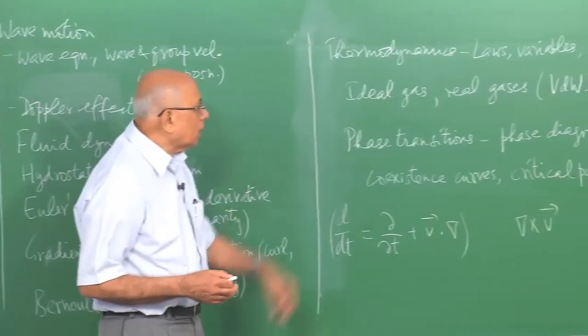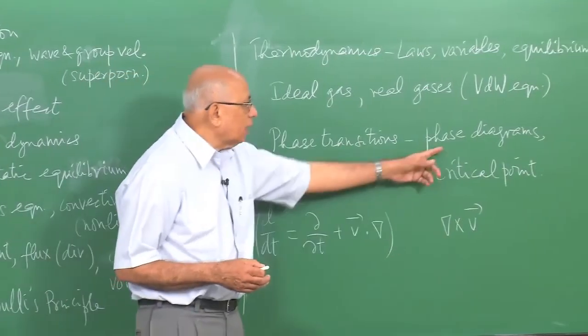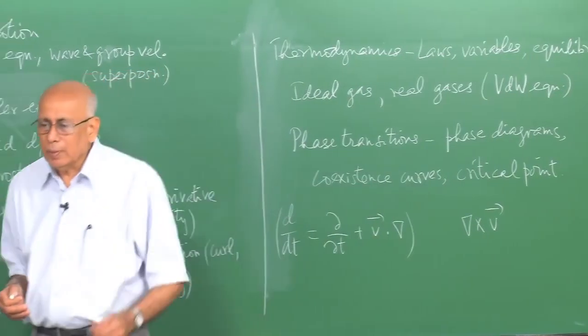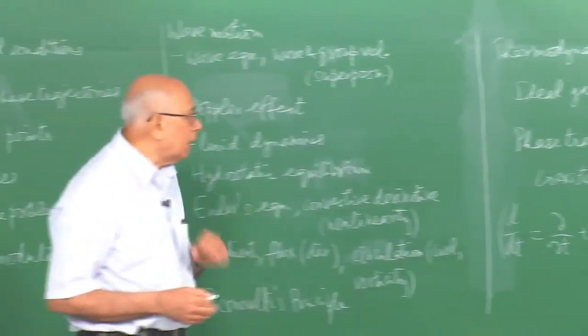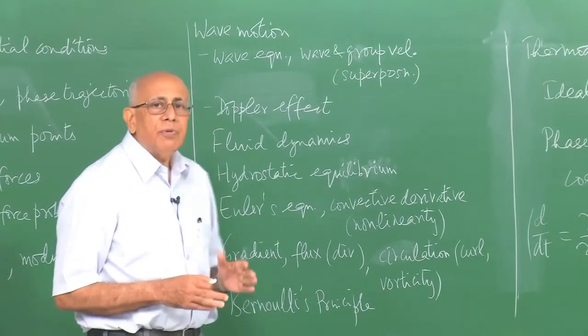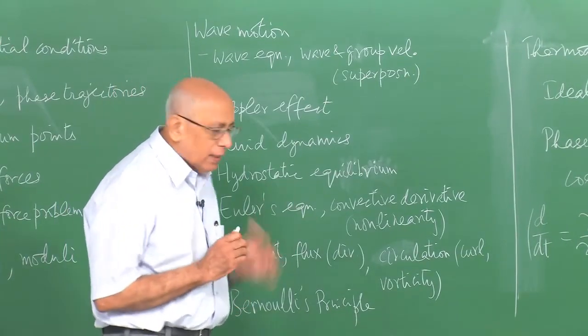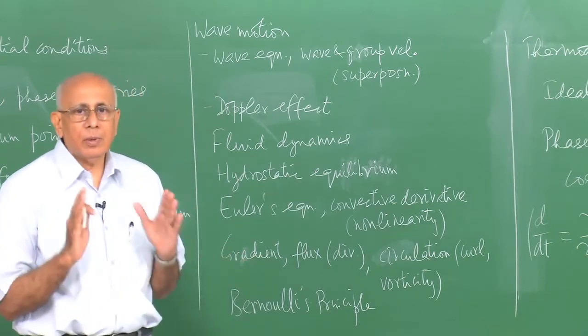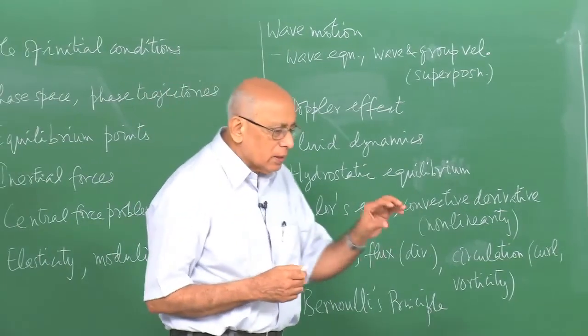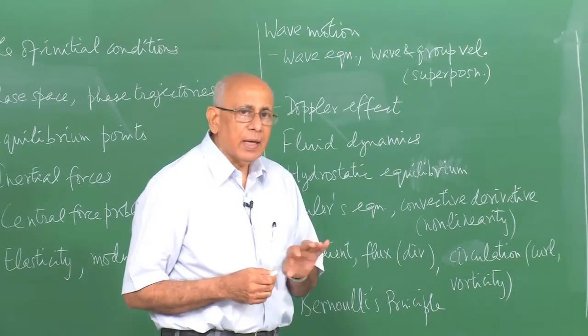We went on and looked a little bit at phase diagrams in the PV plane, VT plane, and most important in the PT plane, to understand what the phase diagram of a generic simple single component substance looked like, namely the crystalline solid phase, the liquid phase and the gas phase.